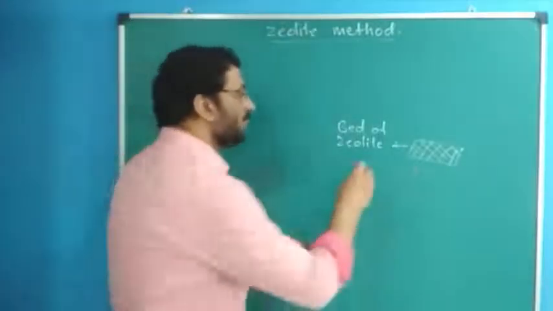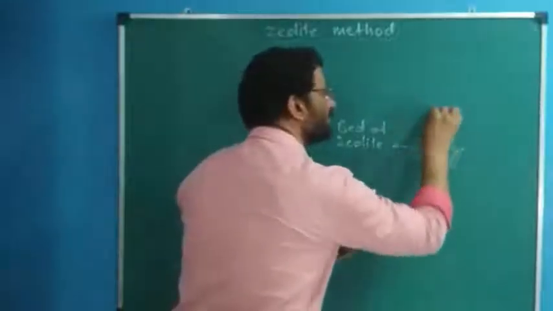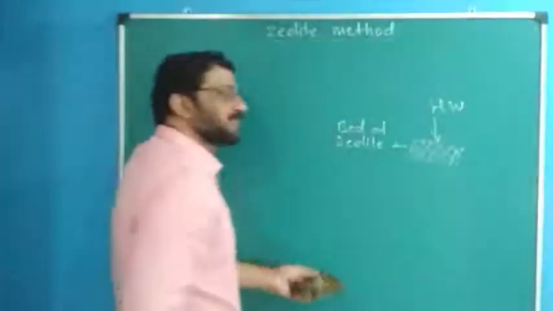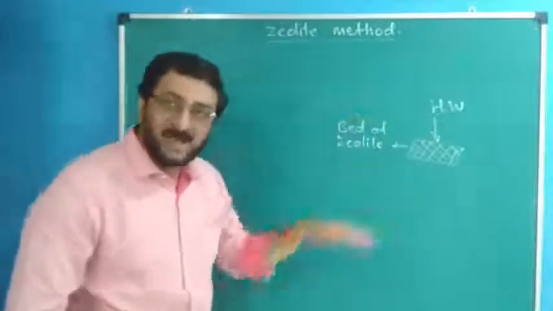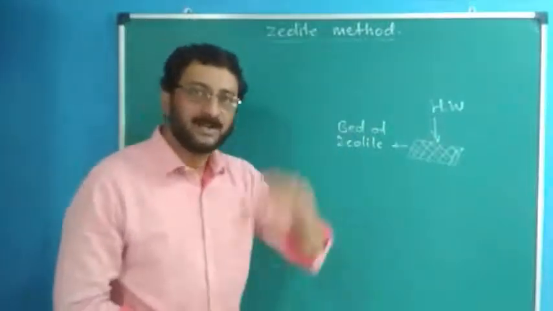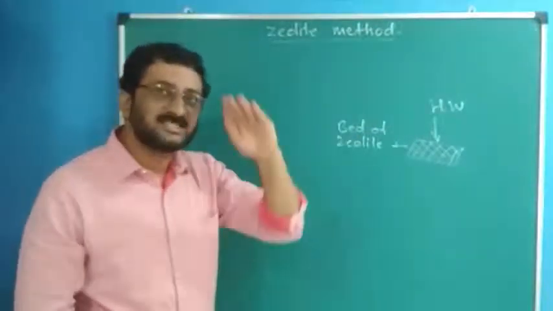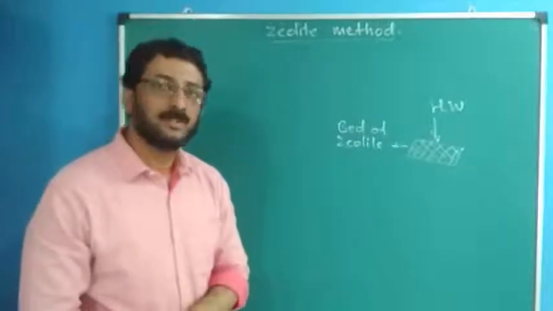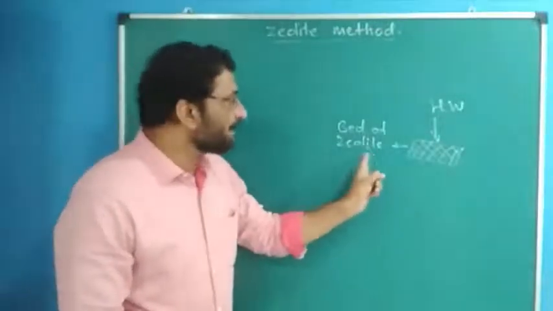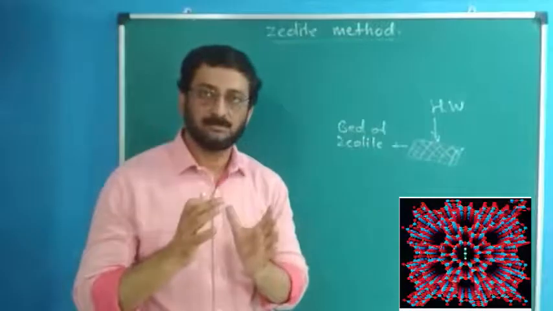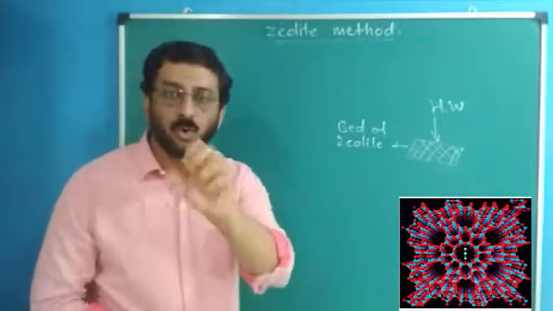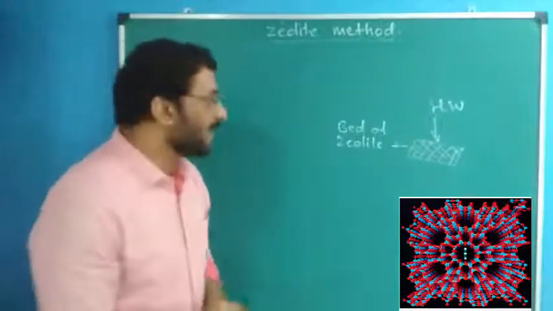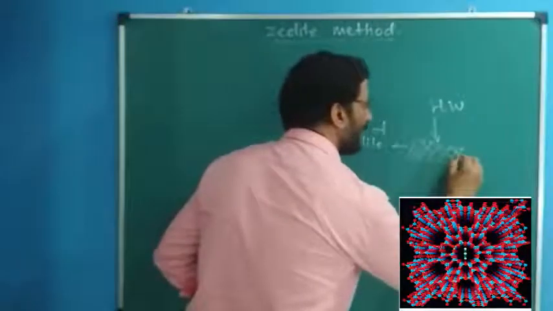When we allow hard water to pass over the bed of resin under pressure at a specified rate, this bed of zeolite shows a capacity to trap, to hold the hardness causing soluble ions.